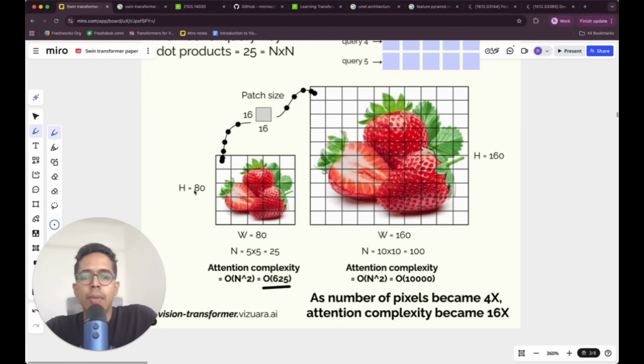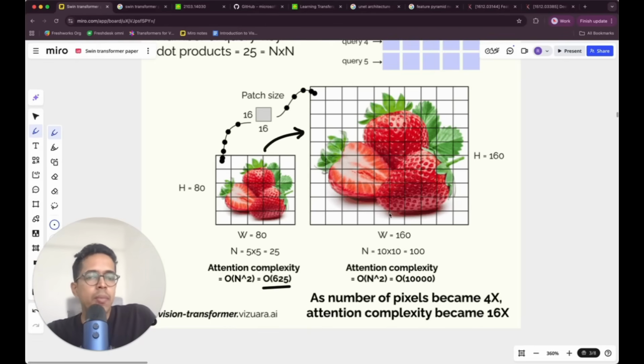Now here, how many total pixels are there? I have HW, that many pixels. HW equal to 6400, right? 80 multiplied by 80. Now say I double my width and height, so total number of pixels is 4x. So if my width and height of the image increases by 2x each, total number of pixels goes by 4x.